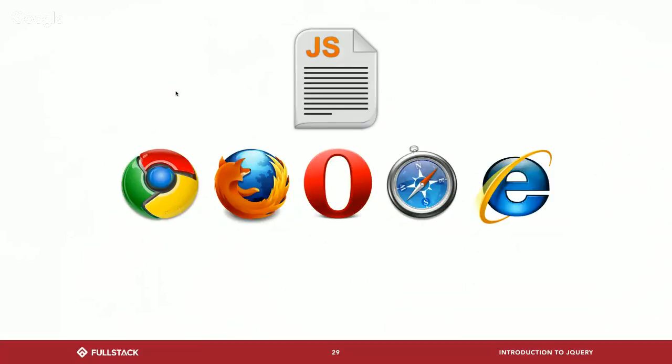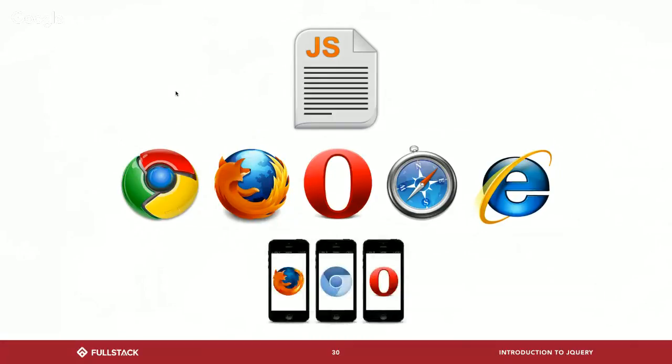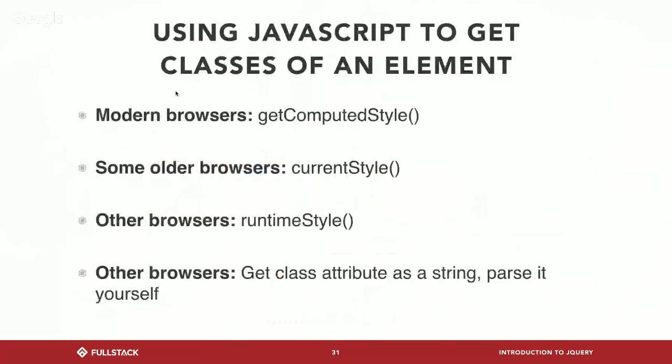And let's actually make it a little bit more complicated. Not only can they be using these other browsers, but they can also be viewing them on other devices as well. Just to give you an example, and this leads up to how jQuery came to be such an important library: different browsers handle different ways of even getting something as simple as the styles of an element.